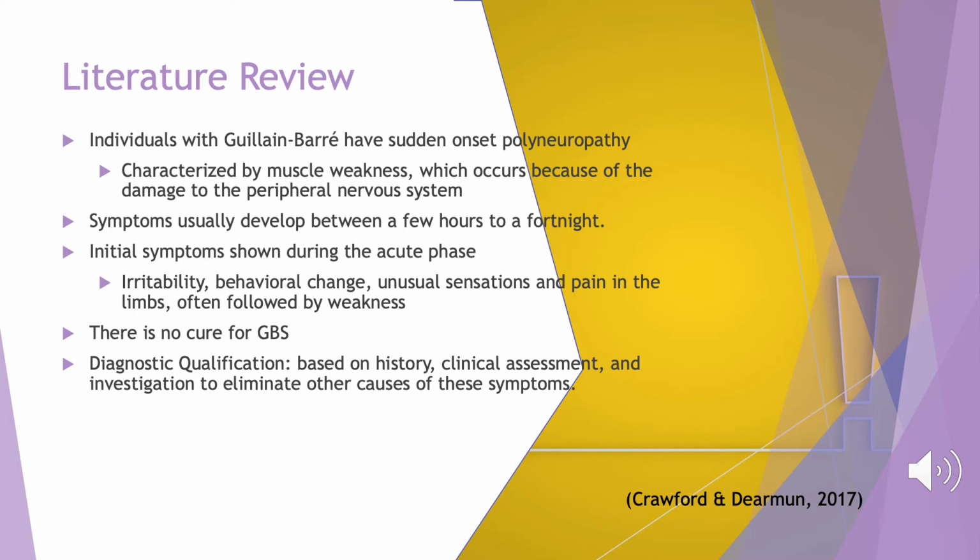Diagnostic qualifications are strongly based on history, clinical assessment, and investigations to eliminate other causes of these symptoms. Because Guillain-Barré syndrome is not such a black and white diagnosis, you really have to delve deep into all the case history and everything about your patient before making an educated diagnosis.